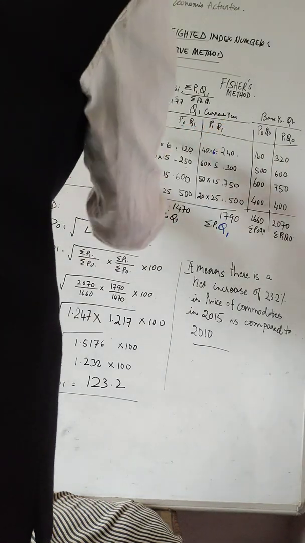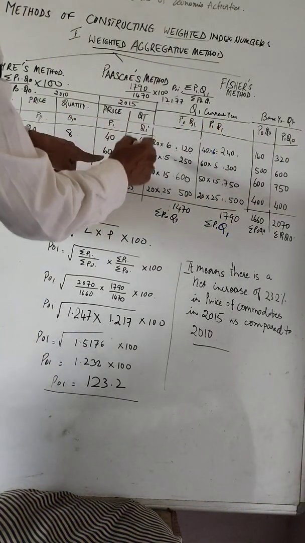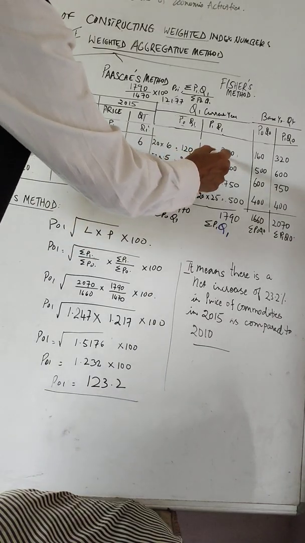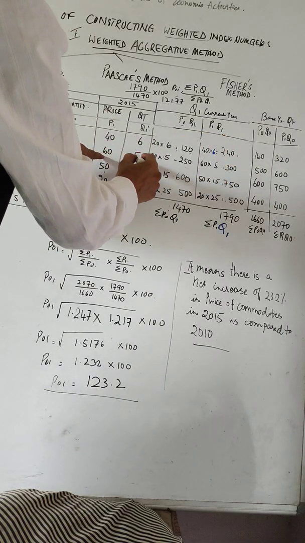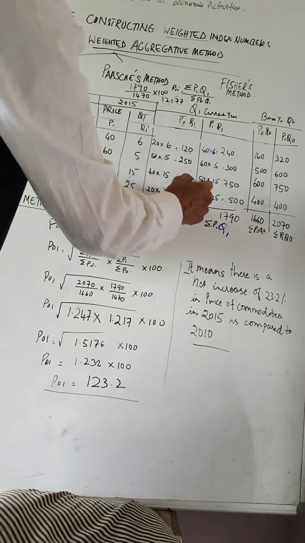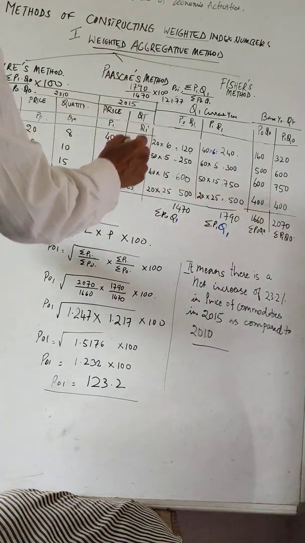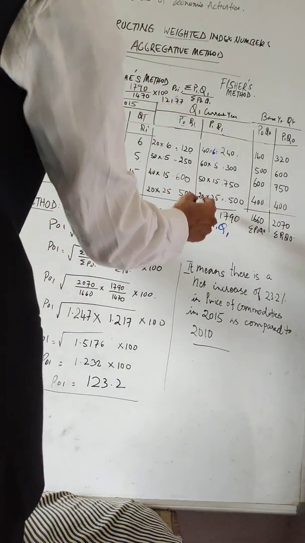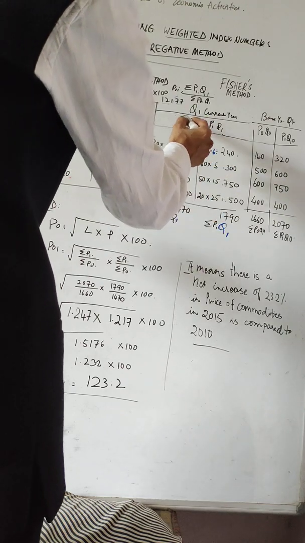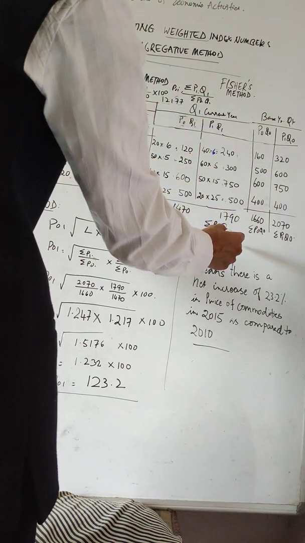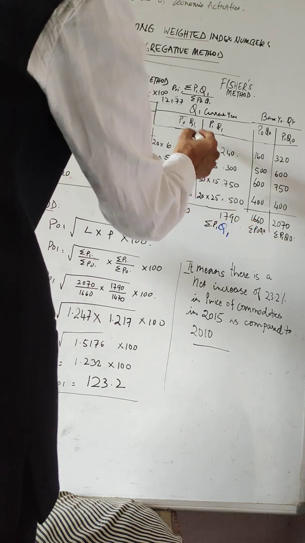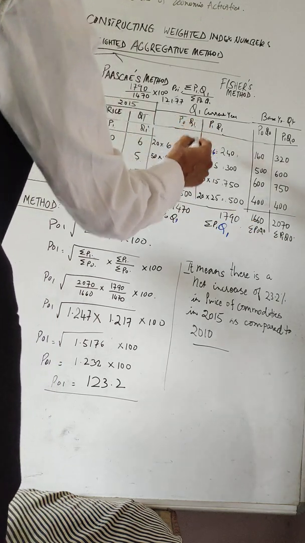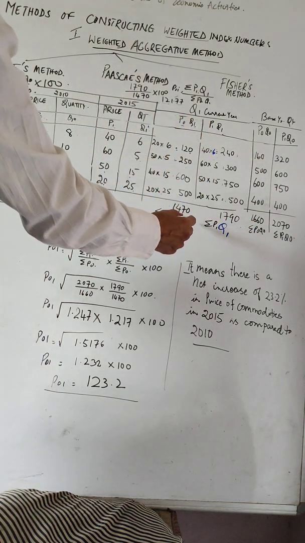And P1 into Q1. What is P1 into Q1? 40 into 6 is 240. 60 into 5 is 300, and so on. And what did we do? When we summed up P1 Q1, we got 1790, and when we summed up P0 Q1, we got 1470.